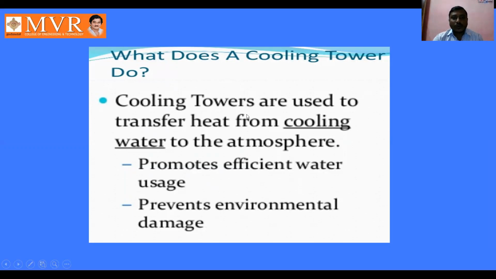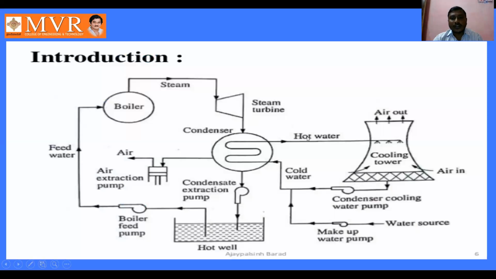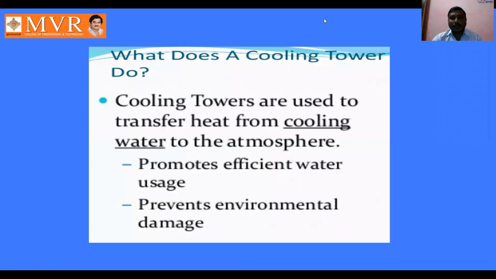The hot water comes into the cooling tower, where it rejects heat and is cooled by the air entering the cooling tower, and it gives the cooling water to the condenser again. This is what we are studying about the cooling tower.